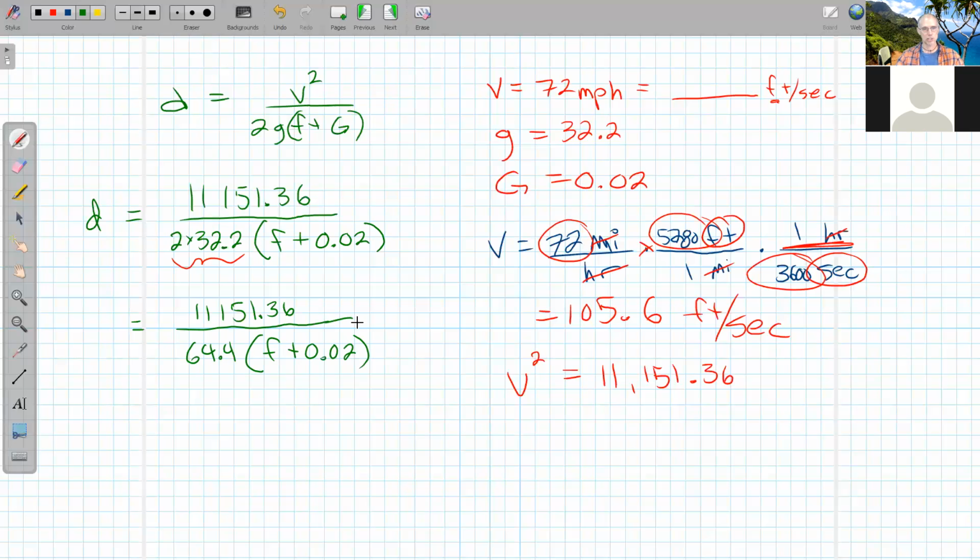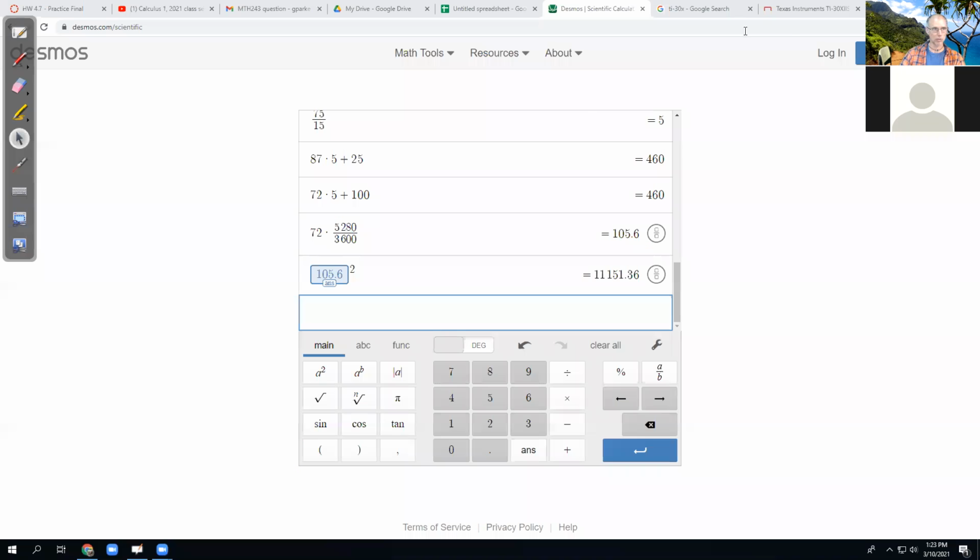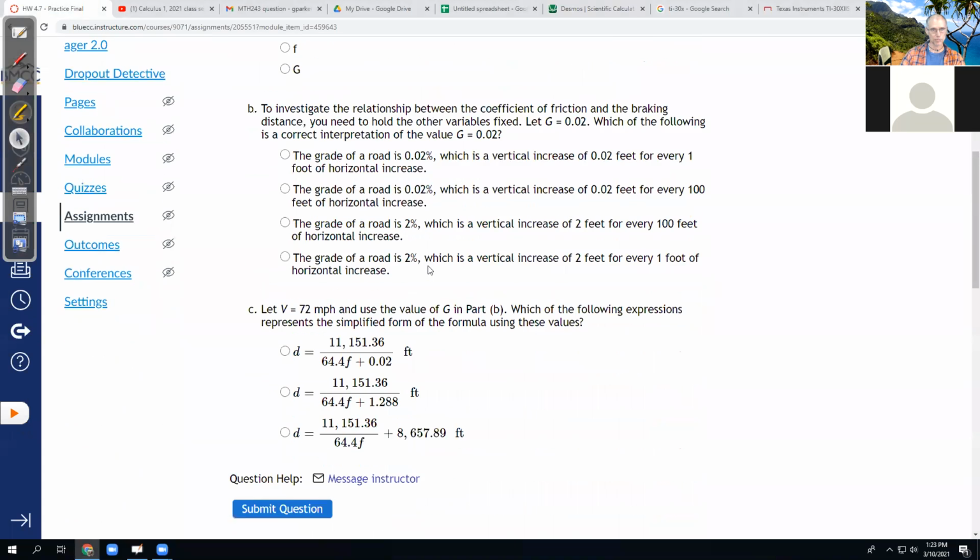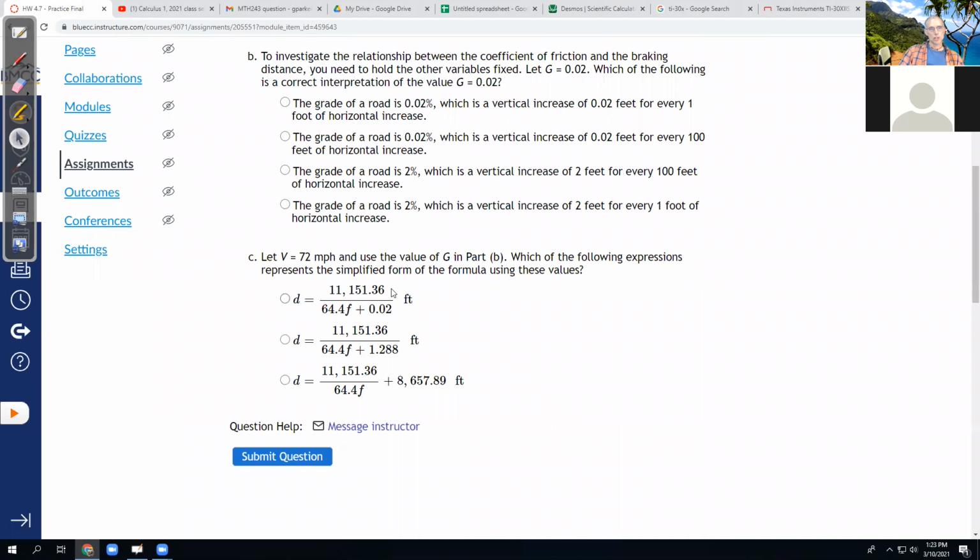My recollection is none of them look like that either, but I'm going to go back and double check. I am confident about my work so far, so I have the right numerator. They're missing the parentheses on this one, and this one has a strange number. So I've got to get rid of the parentheses. Notice there's no parentheses here. Okay, back to the notebook.